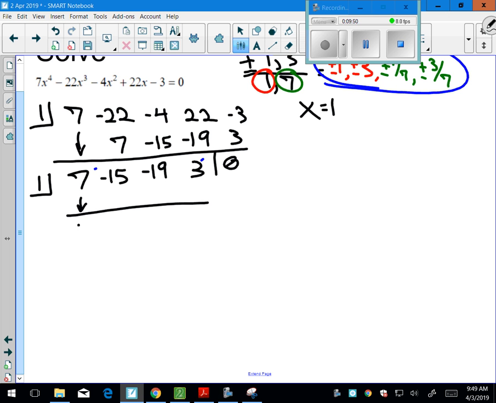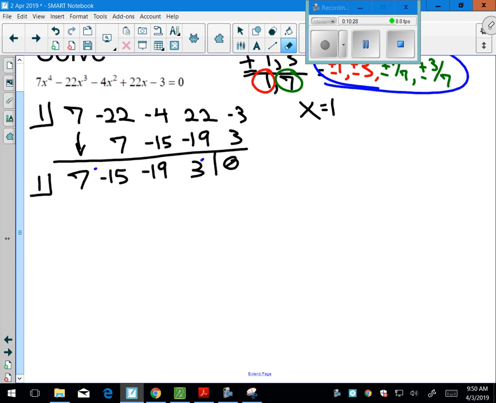Bring down my 7. Times 1 is 7. Minus 15 is a negative 8, and times 1 is negative 8, plus negative 19 is negative 27, and times 1, negative 27. That's not going to line up because that is not going to be 0. That's going to be a negative 24. Not going to work.